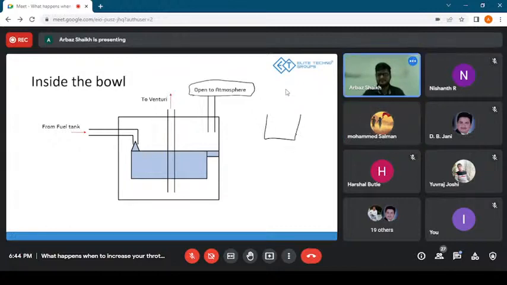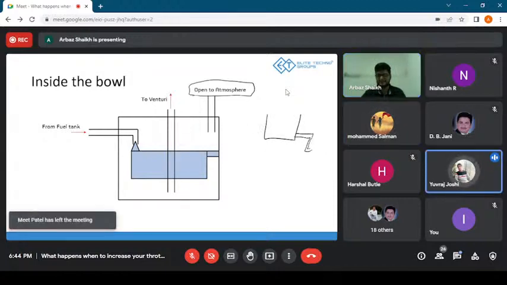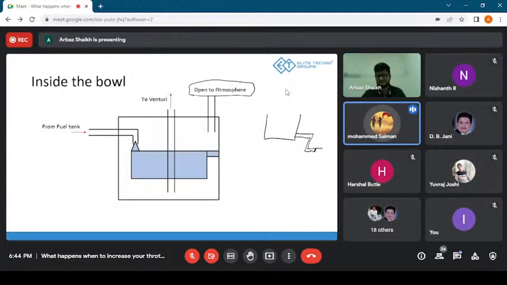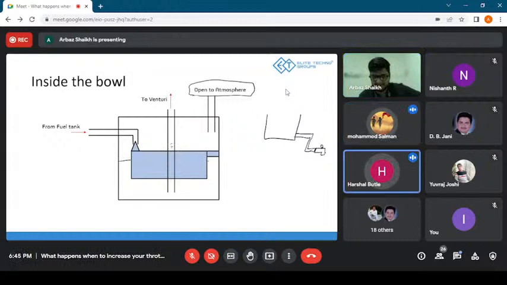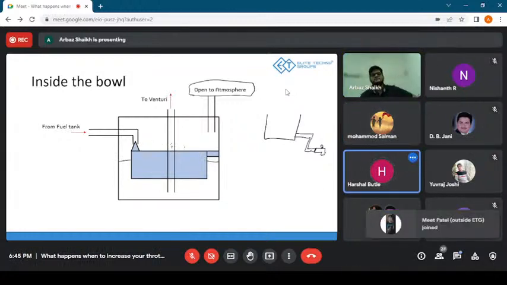For the air and fuel mixture, sir. For eliminating the air gap or air bubbles in between the pipelines. To maintain the air pressure.